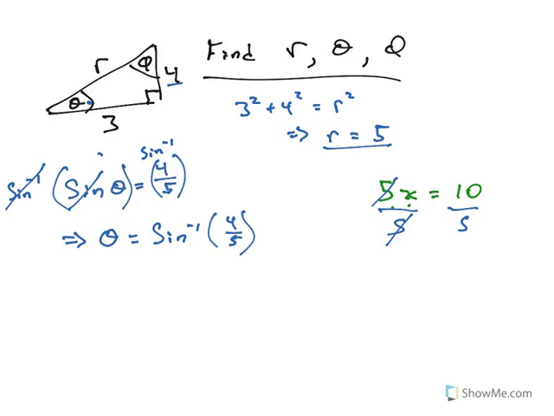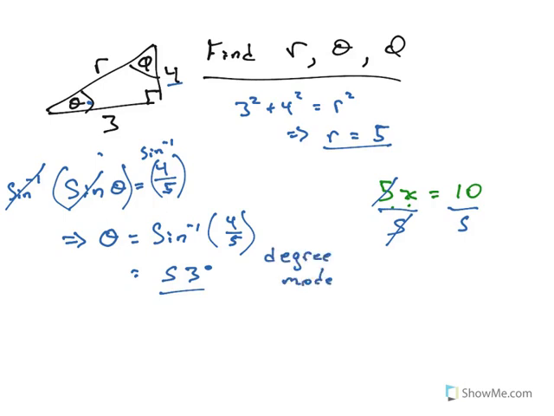Now, unfortunately, you can't just do this by hand. You're going to use your calculator. And when you use your calculator to solve for this, you should get 53 degrees. Here's a little tip. Because we're solving for degrees, make sure your calculator is in degree mode.